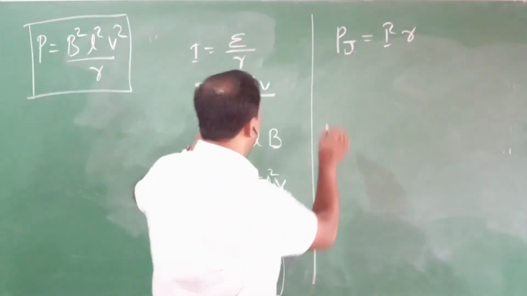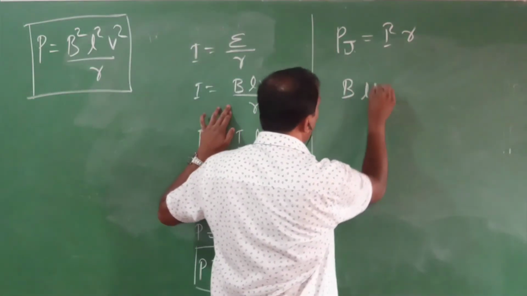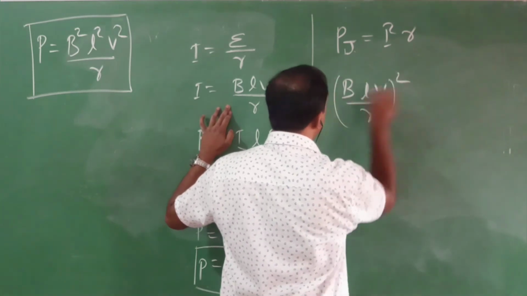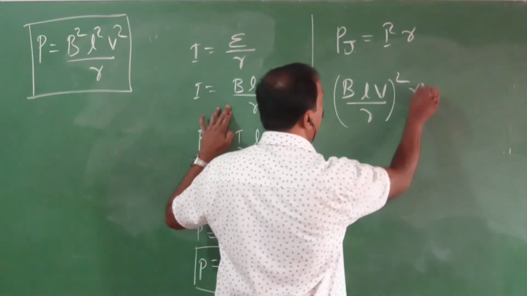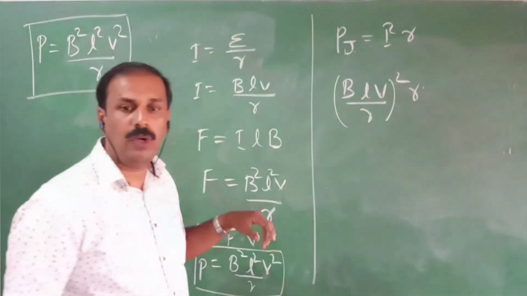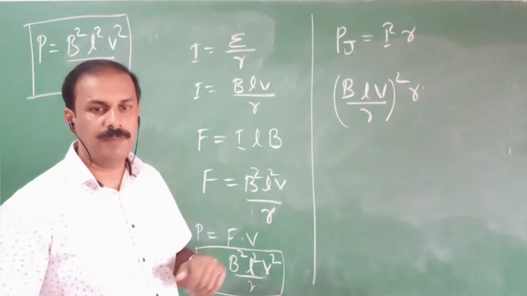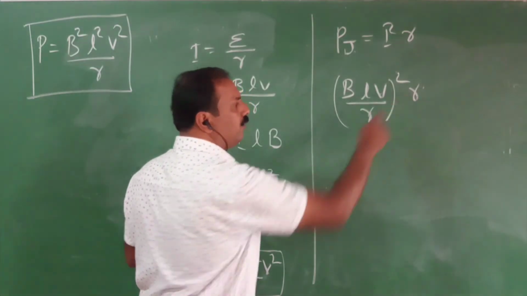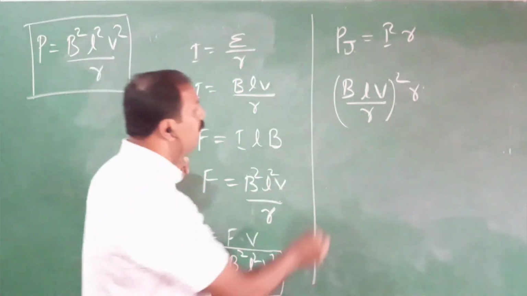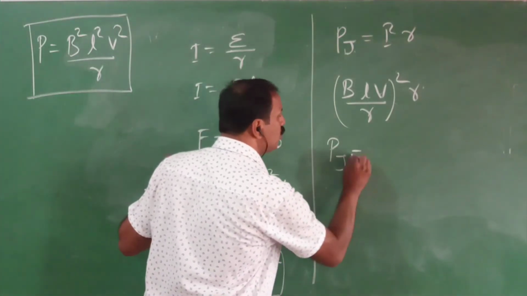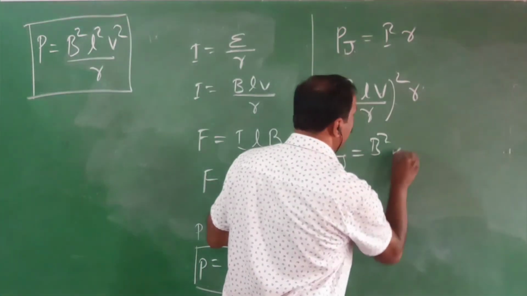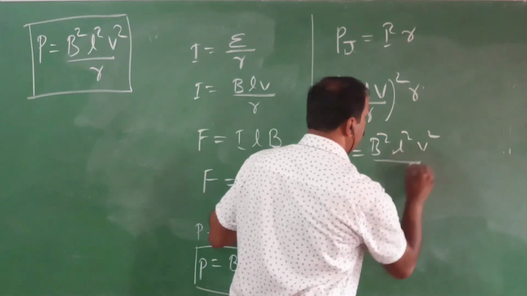So if you put that, I is BLV by R, so I square into one more R here. So what will we get? This R will become square and one R will cancel. So the power using Joule's heating effect is given by B square L square V square by R.